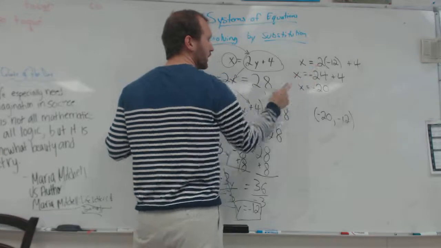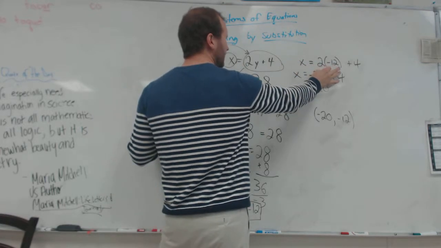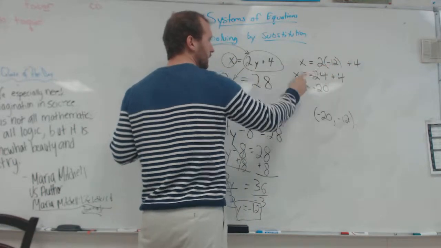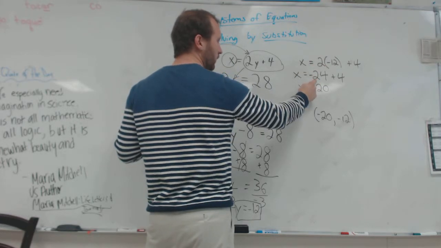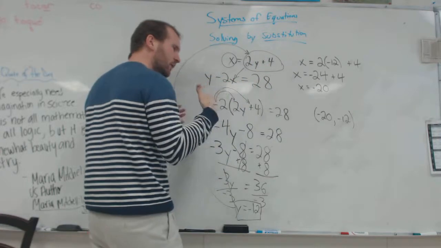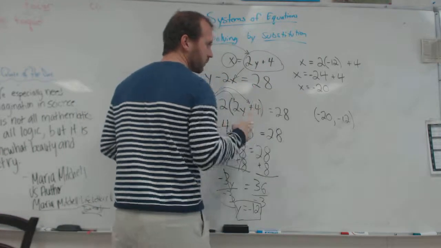Okay, I put that in correctly. X is 2 times negative 12 plus 4. I copied that all down right. 2 times negative 12 is negative 24, and then I'm adding 4. So that would get me to negative 20.